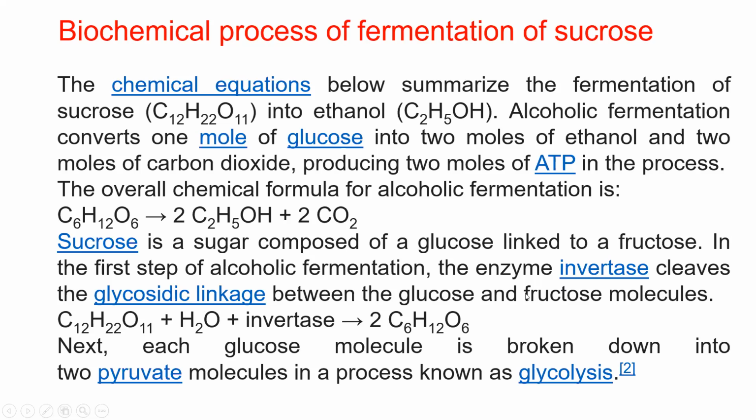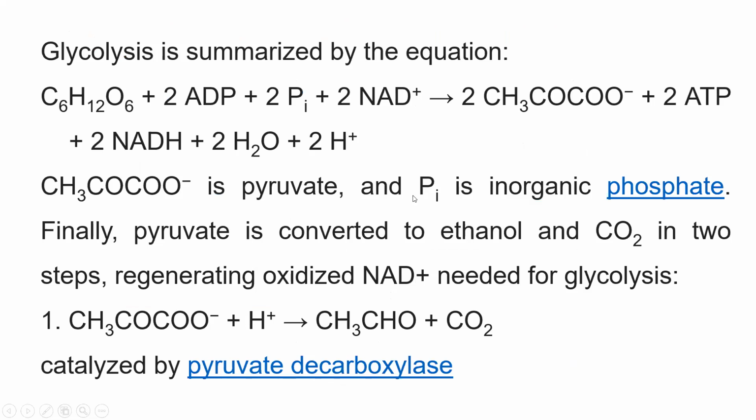Then the fructose is converted to glucose. Now you have got 2 molecules of glucose. Next, each glucose molecule is broken down into 2 pyruvate molecules, as we have seen in the glycolysis pathway. This glycolysis is summarized by the equation C6H12O6 plus 2 ADP plus 2 Pi plus 2 NAD positive, this is your NAD, the oxidizing agent.